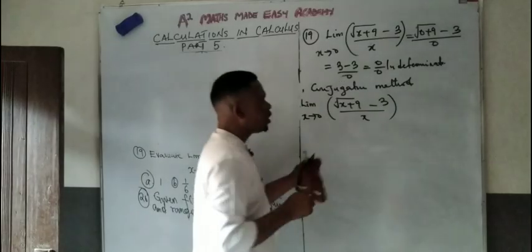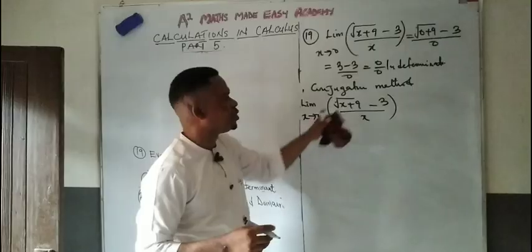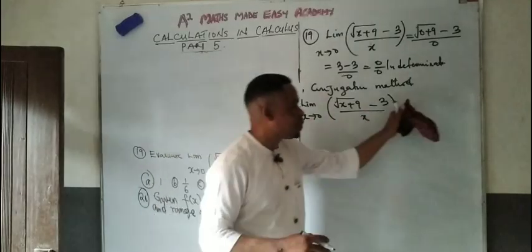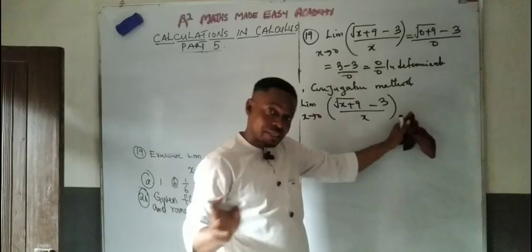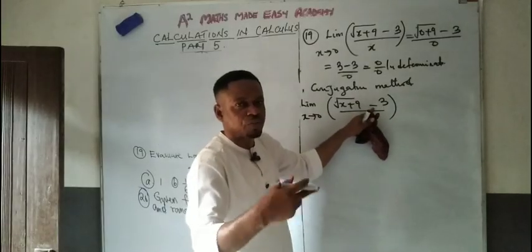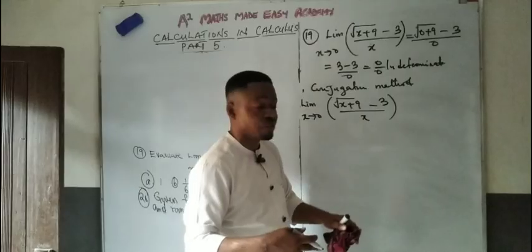Now what we are going to do is to conjugate the numerator. Use the conjugate and multiply both the numerator and the denominator. Here the conjugate is minus, so if I conjugate minus, it will give me plus.